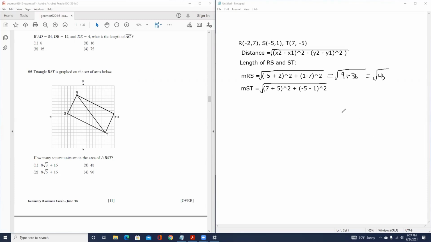And this, in turn, is equal to radical 144 plus 36, which is equal to radical 180. So now we have that.